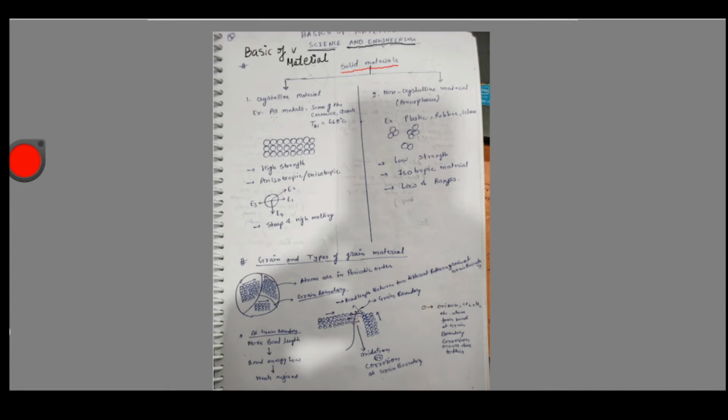So in crystalline material, the arrangement of particles or atoms will be in a pattern, a symmetrical pattern. This type of pattern will be there in the crystalline structure.